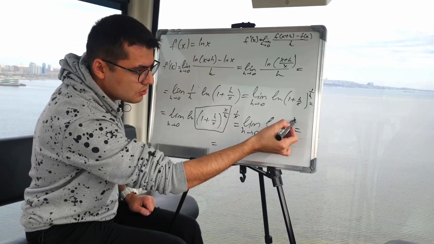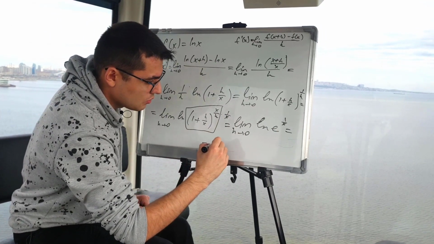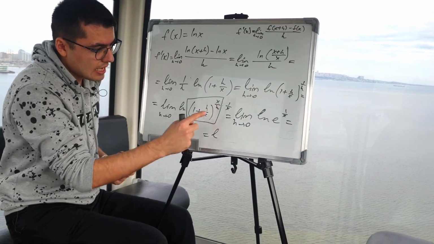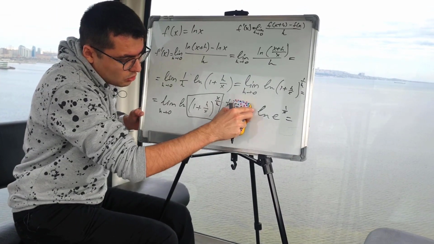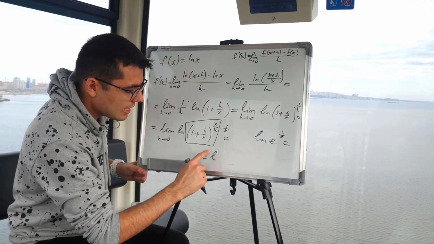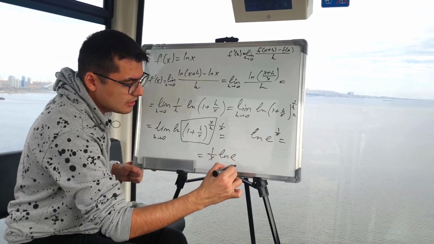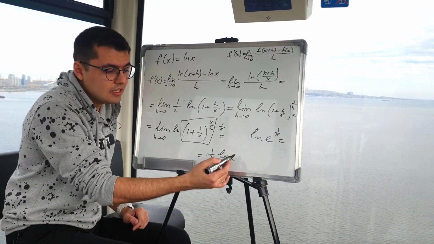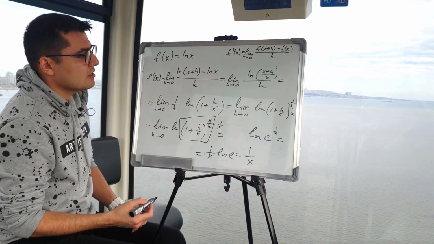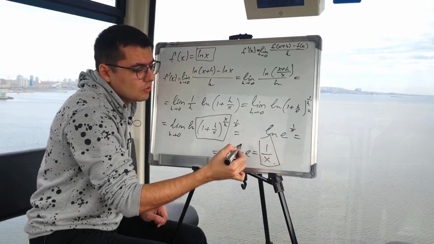So I can move out the powers as I can move inside the powers. Since I eliminated h, I no longer can write limit. So I will get 1 over x in front and ln, and natural logarithm of e is just 1, so 1 over x. This proves that if you want to find the derivative of ln x, that's 1 over x.